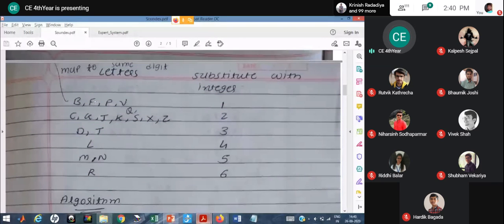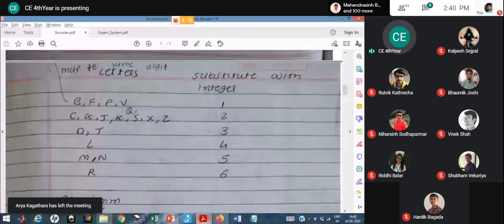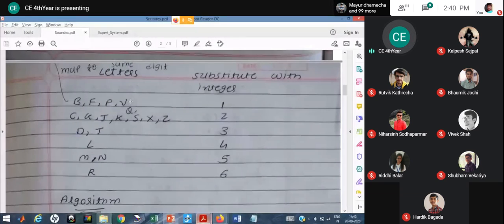These values are fixed for the Soundex algorithm. See how they are in one group. Somebody pronounces b, but it may sound like p, so all four map to the same digit, one.